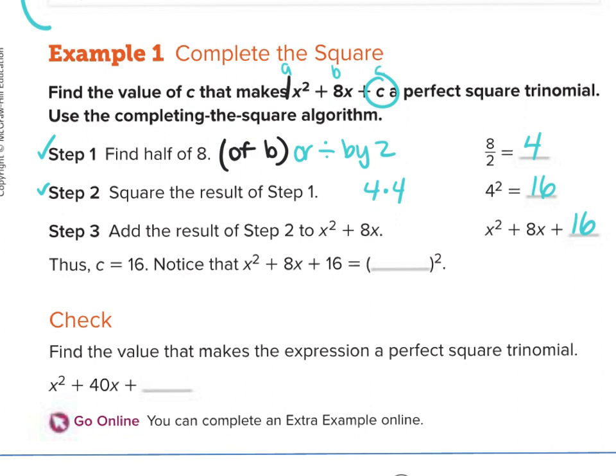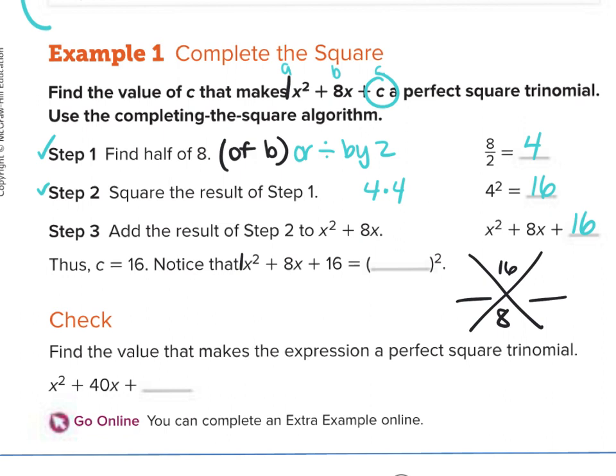I'm just showing you where this next part comes from. If we did the x, well, a times c, 1 times 16 would be 16, and they need to add to 8. What 2 numbers multiply to get 16 and add to 8?